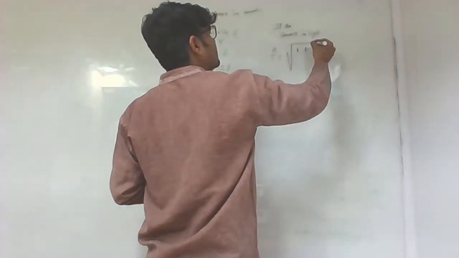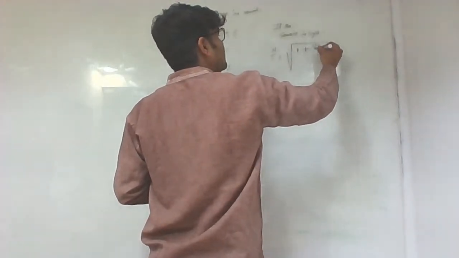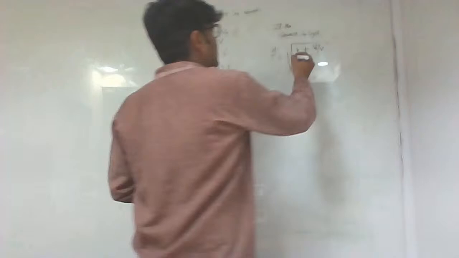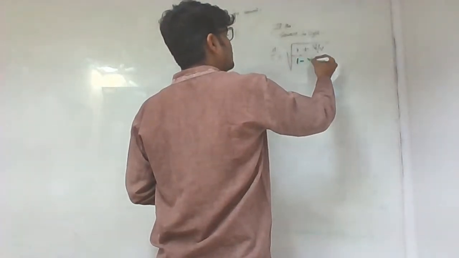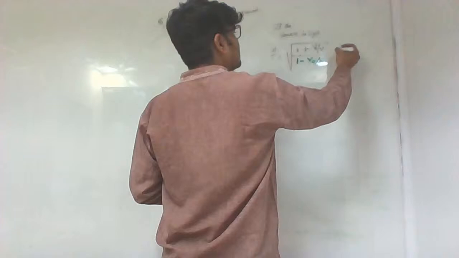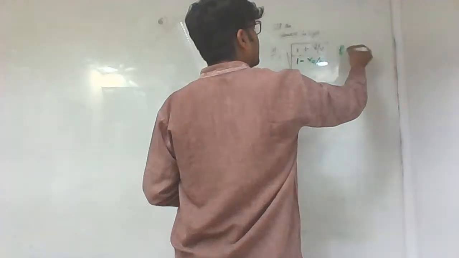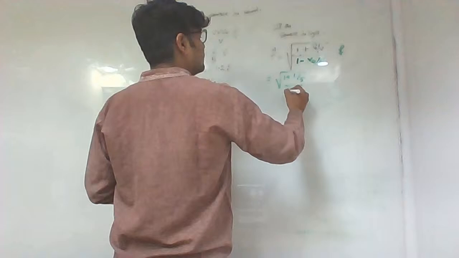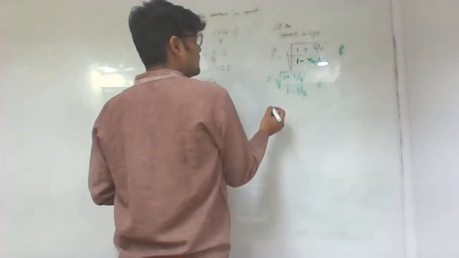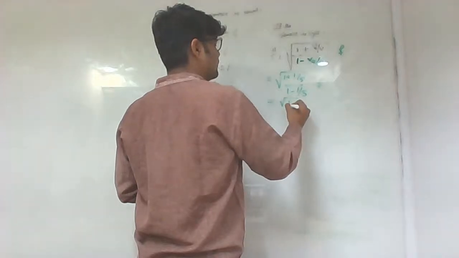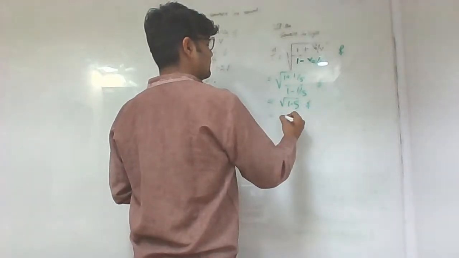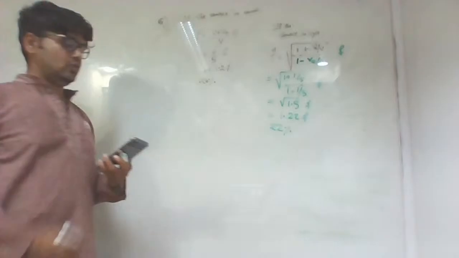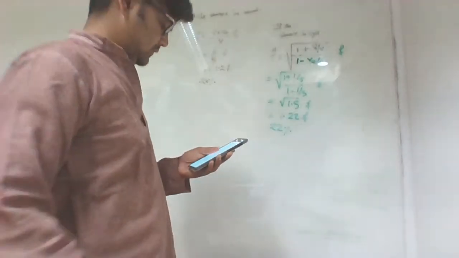It is the square root of (1 plus v0 by v) upon (1 minus v0 by v), into f. What we get here is 1 plus 1 by 5 over 1 minus 1 by 5, into f, which is 6 by 4, 3 by 2, root of 1.5 f, which is 1.22 f, roughly 22%. Both the cases.